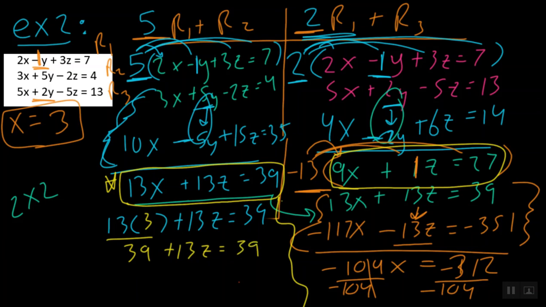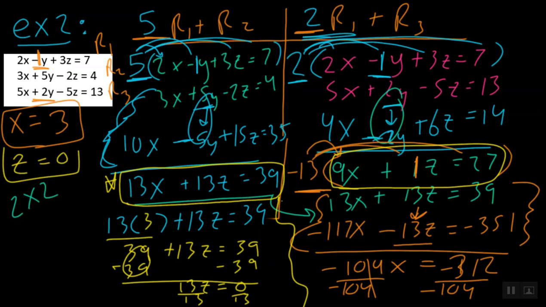This is pretty nice, because to get rid of 39, I can subtract 39 from both sides, and when that cancels, I have 13z is equal to 0. Well, that's easy. If I divide both sides by 13, 0 divided by 13 is still 0. So z is equal to 0.